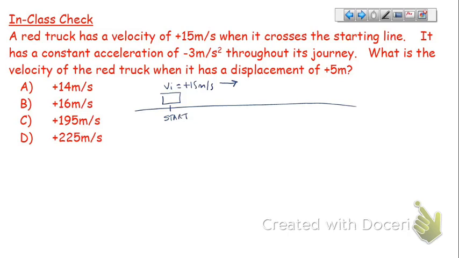It has a constant acceleration of -3 meters per second squared throughout its journey. That means nice constant acceleration. What is the velocity of the red truck when it has a displacement of +5? So my displacement is +5 meters.